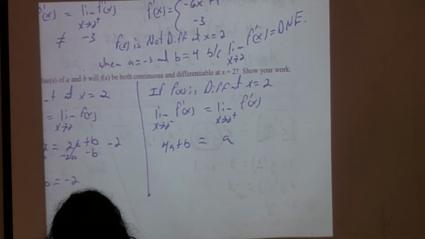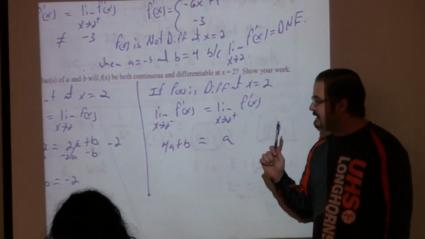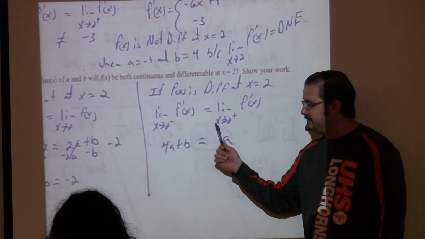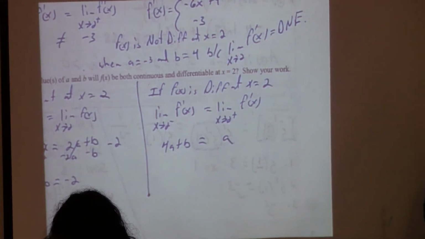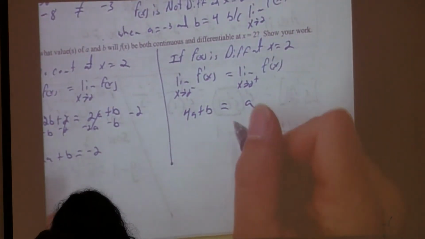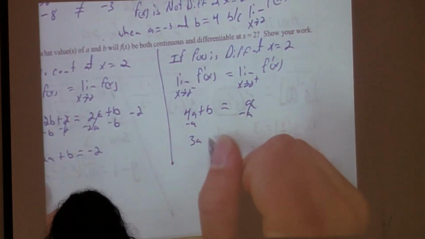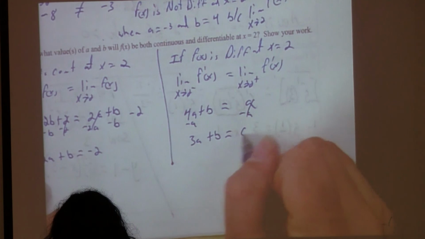I know some of you are going to put a 2 in place of the letter A. That's why I keep stressing, the 2 takes the place of X. You're going to mess up, so be careful. So how could I fix this one? Bring the A to the other side. Minus the A, so now I have 3a plus b equals 0.